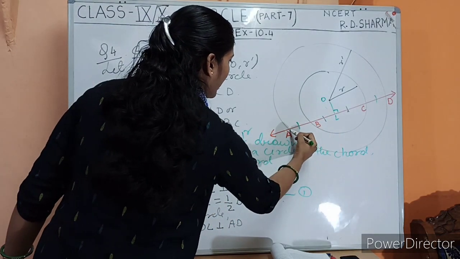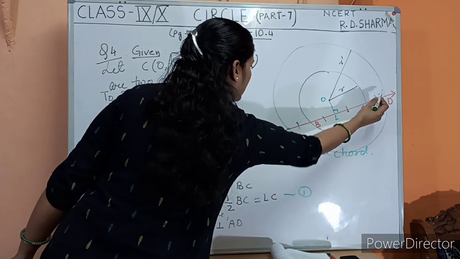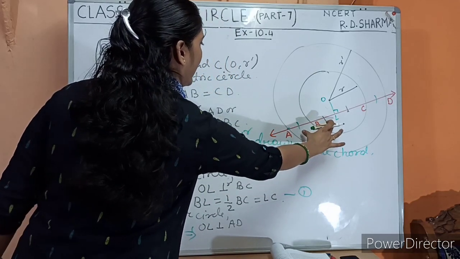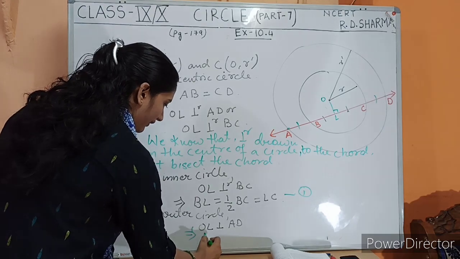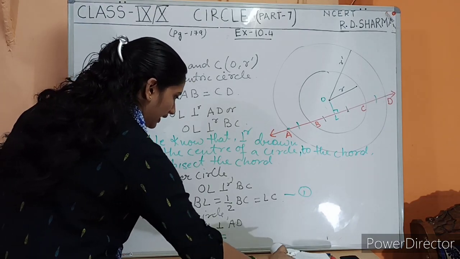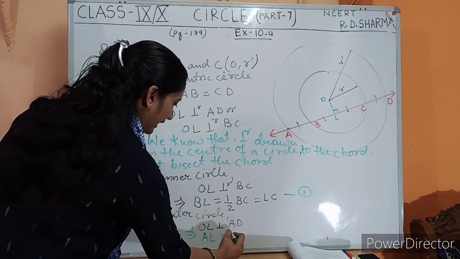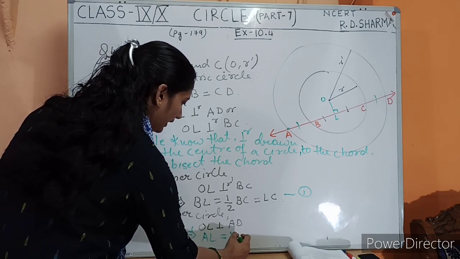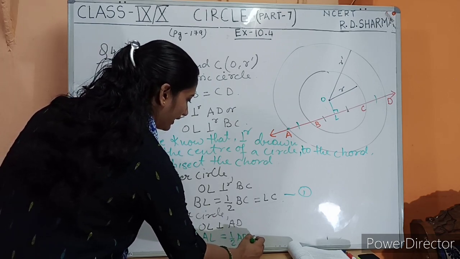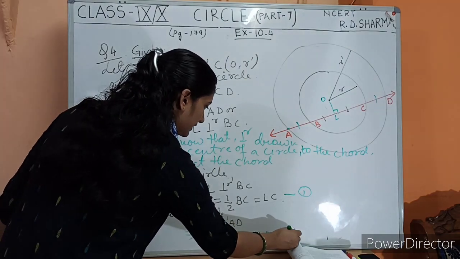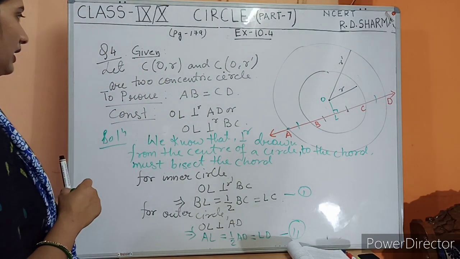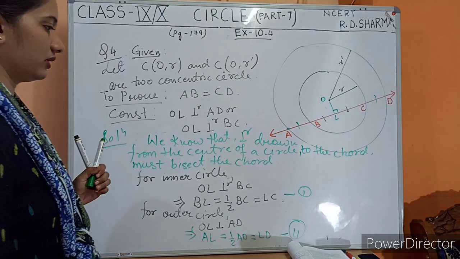OL is perpendicular on AD, so AL must be equal to the part LD here. So here we will write AL must be equal to half of AD, or we can write LD. This is our second equation. You will see. Now the next part.